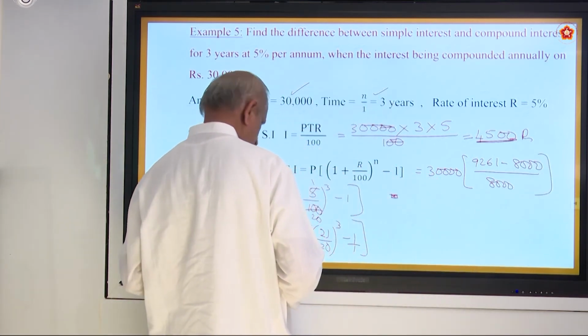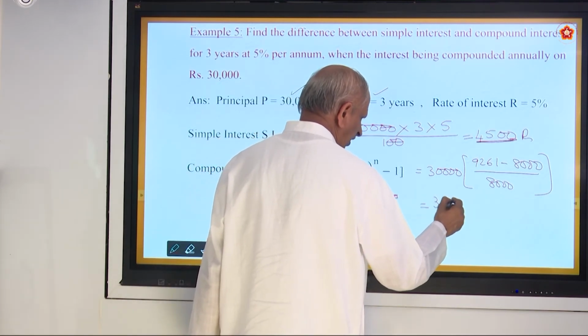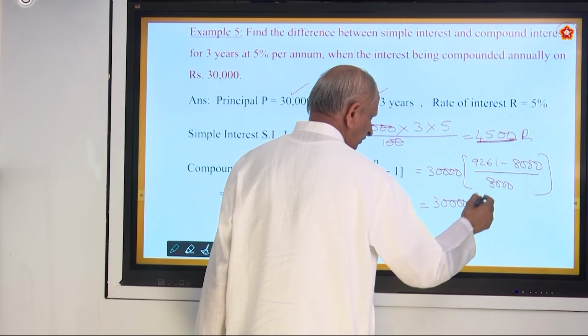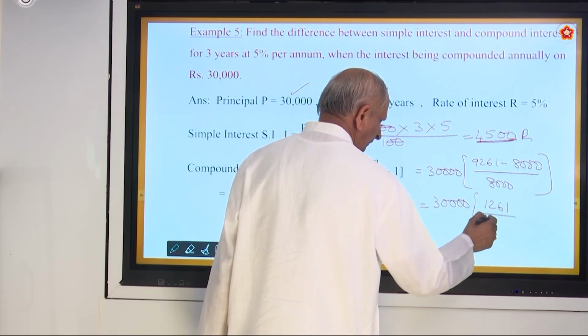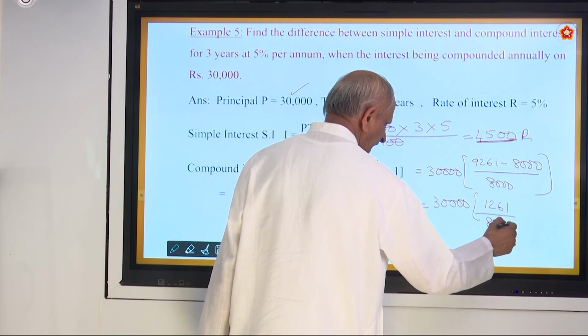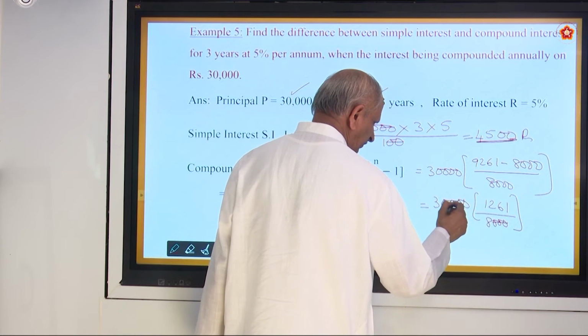Is it not? That will be equal to 30,000 into 1261 by 8,000. Simplify, you get 3, 0 cancels.